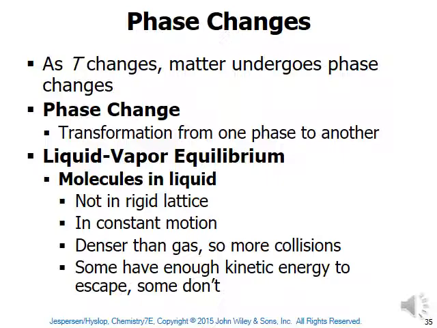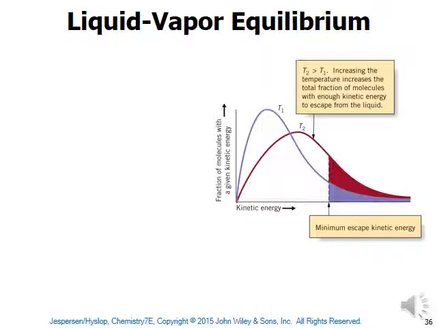And there you go, that explains it. You can read it on your own. Okay, liquid vapor equilibrium. Again, if you increase the temperature, you move the curve to the right, you get more particles. They have minimum escape energy.